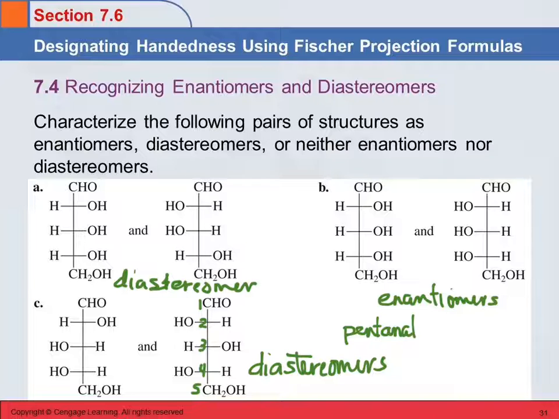And how many hydroxy groups are there? 1, 2, 3, 4. So it's tetrahydroxy. Oh, I don't have enough room for this. And those are on 2, 3, 4, 5. Tetrahydroxy pentanal.